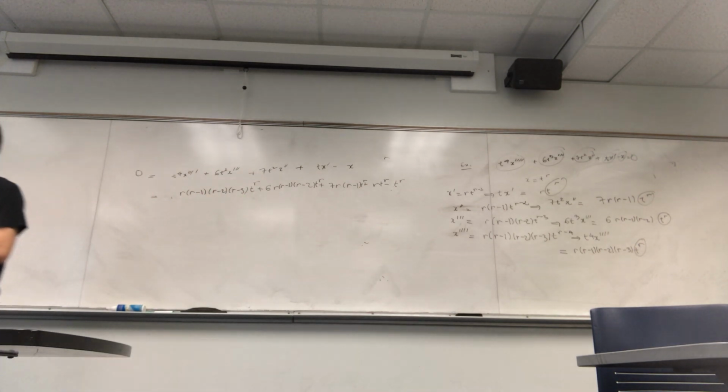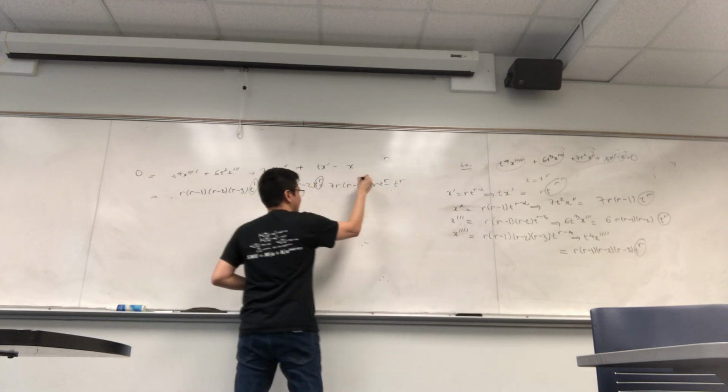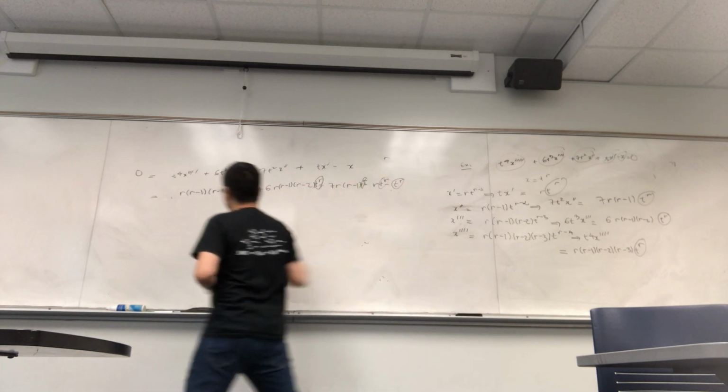All right? So what is the next step? Factor t to the r out. Now you have t to the r everywhere, so you can put that as the common factor.